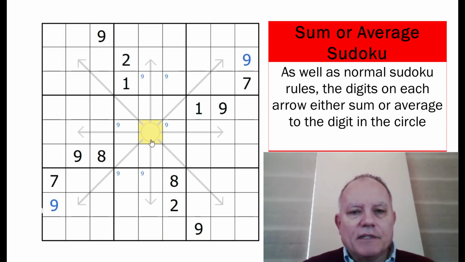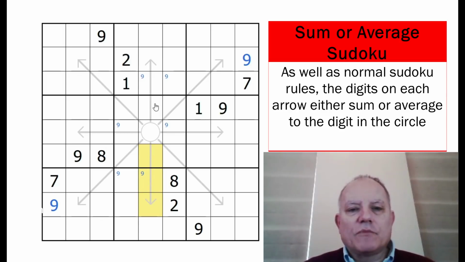Actually, I think maybe this is the way to look at this puzzle, is what can be in the middle. Could it be 8? No, it couldn't be 8, I don't think, because again, these couldn't both be sums because they'd both need a 1 in. If 1 was an average, that would add up to 24, so they couldn't both be averages.